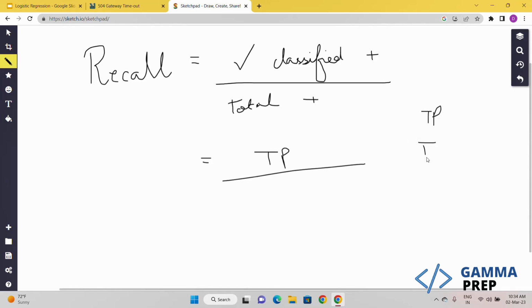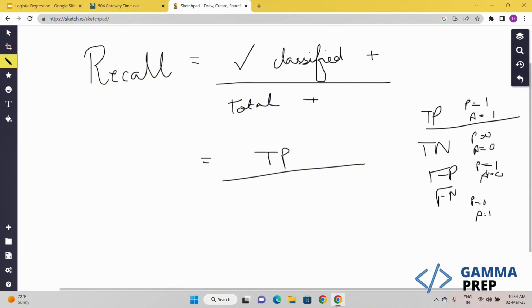Out of them, actually how many are positive? True positives means predicted as positive, actually also positive. True negative means predicted as 0, actually also 0. False positive means predicted as 1, but actually they are 0. False negative means predicted as 0, but actually are 1. So how many of them are actually positive classes?